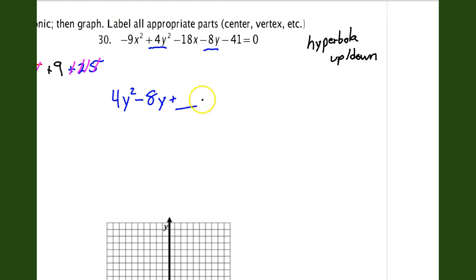Then we'll have the minus 9x squared minus 18x, leave a little space to complete the square. And then on the right-hand side, I'm going to move the constant over, this 41. So we'll have equals 41.